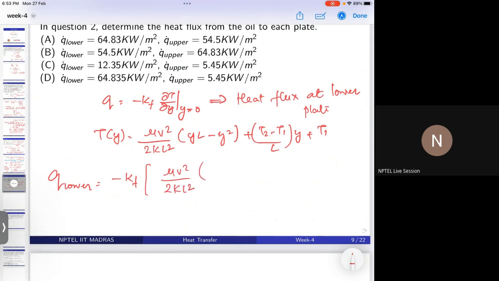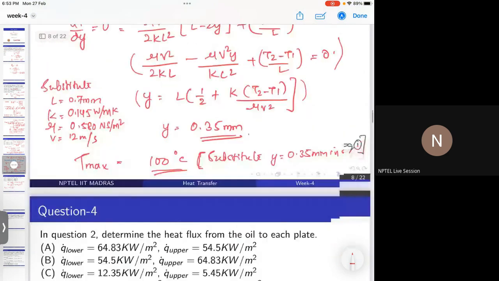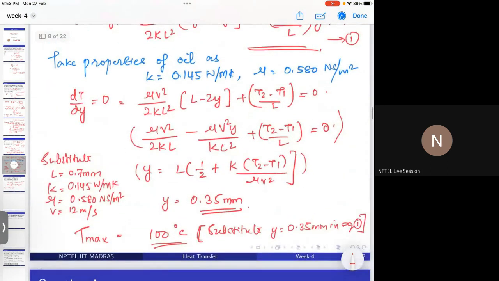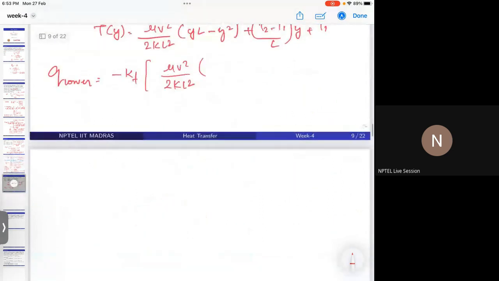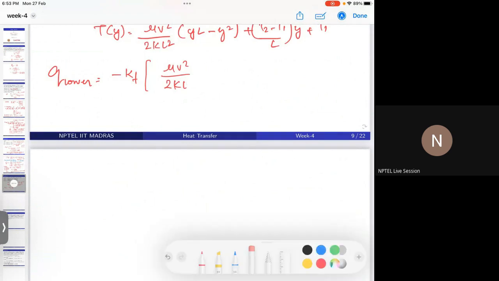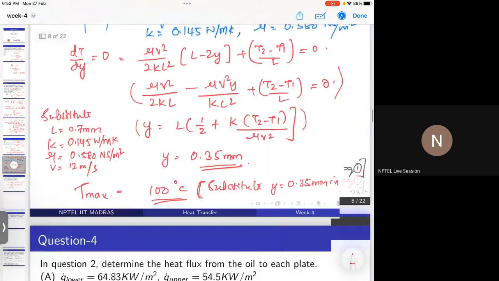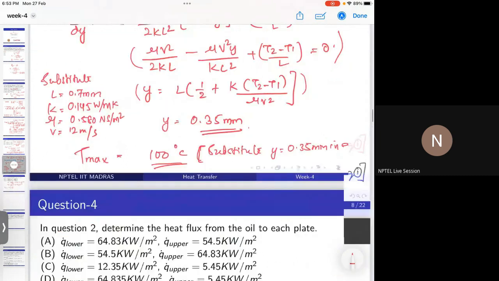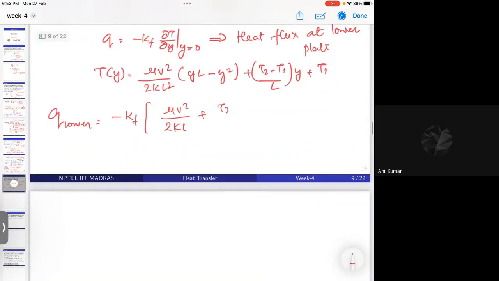If we differentiate this, we have already done it, I think. Yes, we already did this one, right? If we put y equal to 0, you will get mu v square divided by 2kl, plus (t2 minus t1) by l.